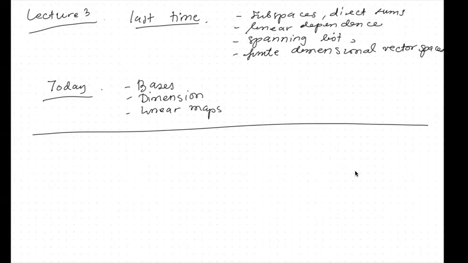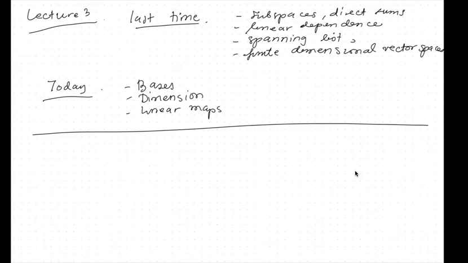So let us quickly recall what we did last time. We have direct sums and subspaces first, and then we go to sums and direct sums. We define a subspace, and then we have a special subspace, the sum, and then the direct sum. And then we introduce the notion of independence, linear independence and linear dependence. And then associated with that is spanning list or spanning set.